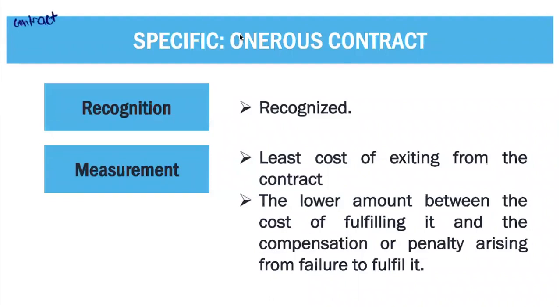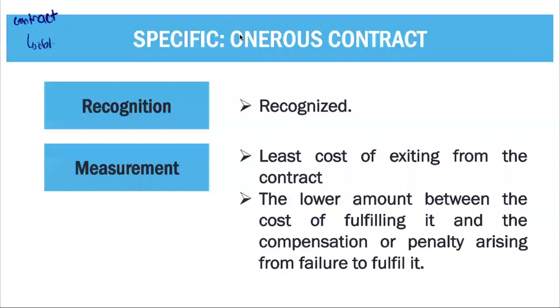Out of the contract, it creates an obligation, of course. Once there is a contract, it creates an obligation. Once there is an obligation, it depends on when you will perform that obligation. So meaning, once there is a signing of a contract, we have already an obligation or a liability at the time of the signing of the contract.